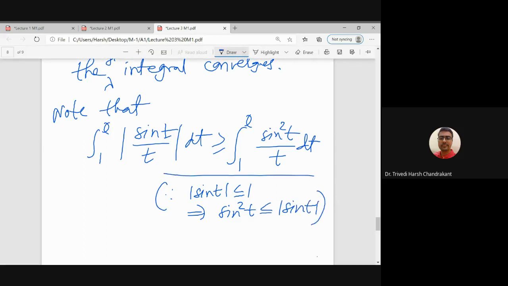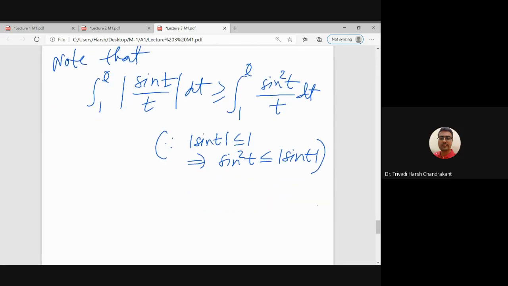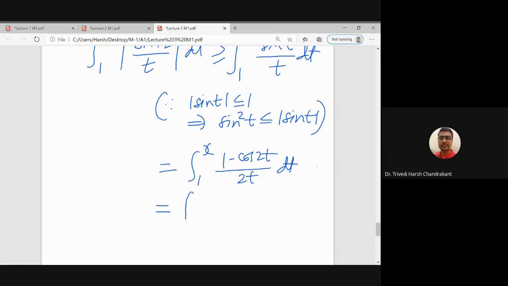That is what we are using here. And then we know that sine square t we can write as 1 minus cos 2t by 2. So it equals 1 minus cos 2t divided by 2t, and this we can further simplify as the integral of 1 upon 2t dt minus the integral of cos 2t by 2t dt.